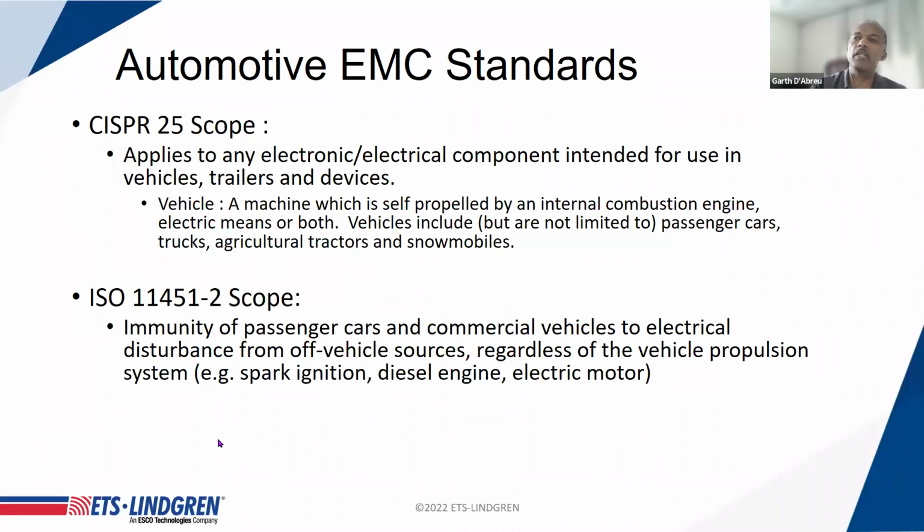So there's a full vehicle component and a component part of CISPR 25, which is a little different to some of the other documents. The ISO standard looks at immunity tests for passenger vehicles and commercial vehicles. And as with all of the standards that I'll mention, they cover vehicles irrespective of the propulsion type.